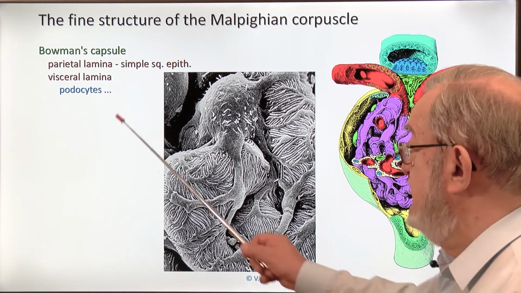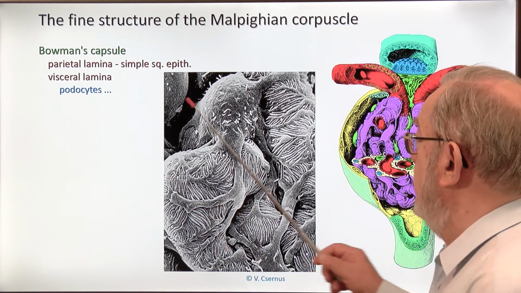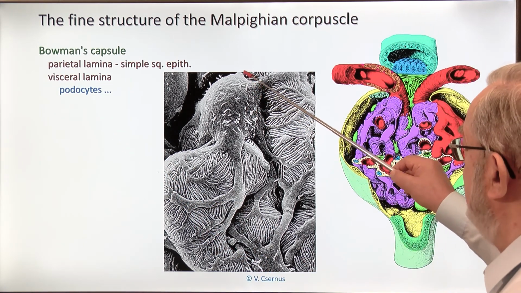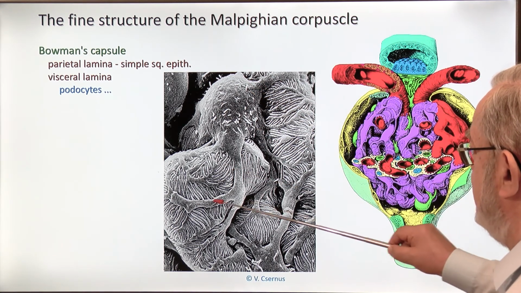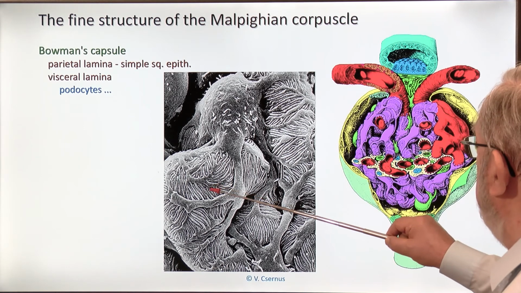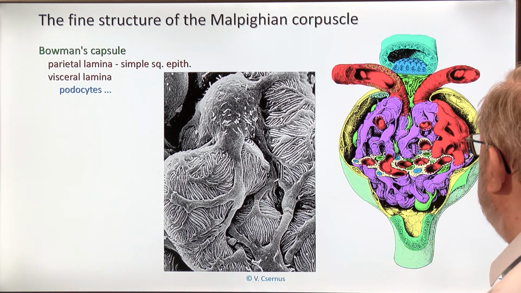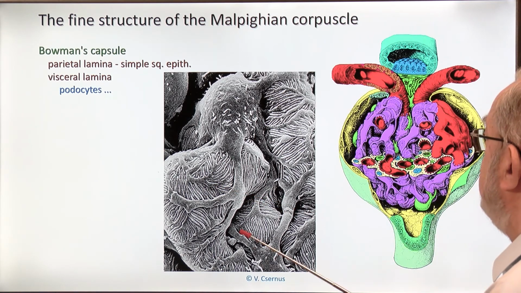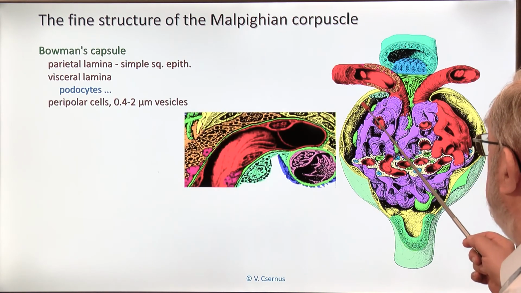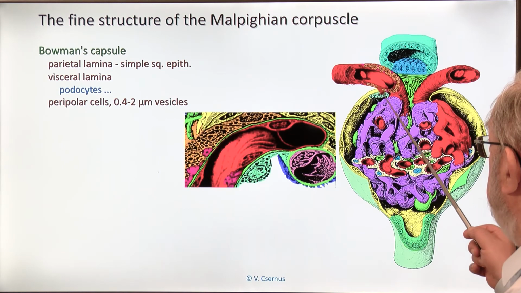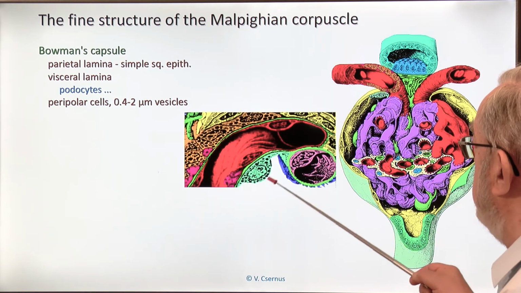You know, podos is Greek for foot. Podocytes are cells with feet. You can see a beautiful podocyte here with primary, secondary, and tertiary legs and fingers going away. So this makes the visceral layer. Further details a little bit later on. Between the parietal and the visceral layer, we have the so-called peripolar cells.